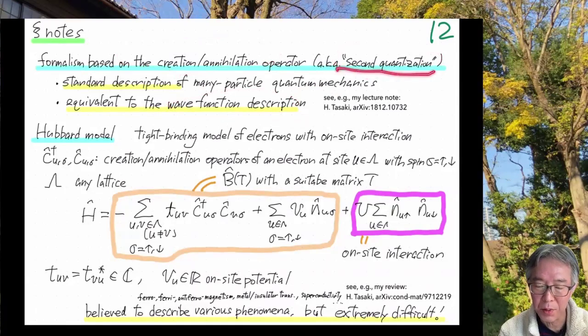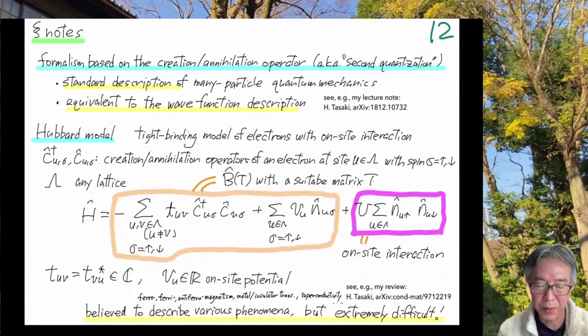And actually the name came from the original confusion in history, I understand. So I think you had better forget about this name, because it suggests that you are doing something. I mean, you had a classical system, you quantized it for the first time to get quantum mechanics, and then you're quantizing it for the second time. But it's not the case.